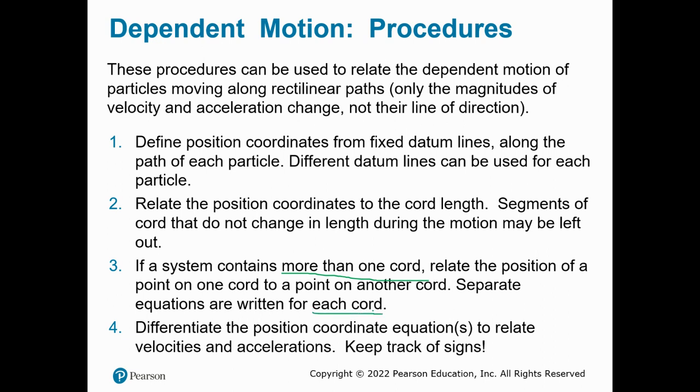If you see more than one chord, you write one equation for each chord. Step number 4 says differentiate the position coordinate equations to relate the velocity and acceleration. Once you get your equation for each chord, the first derivative gives you the relationship of your velocities, and the second derivative gives you the relationship for the accelerations.